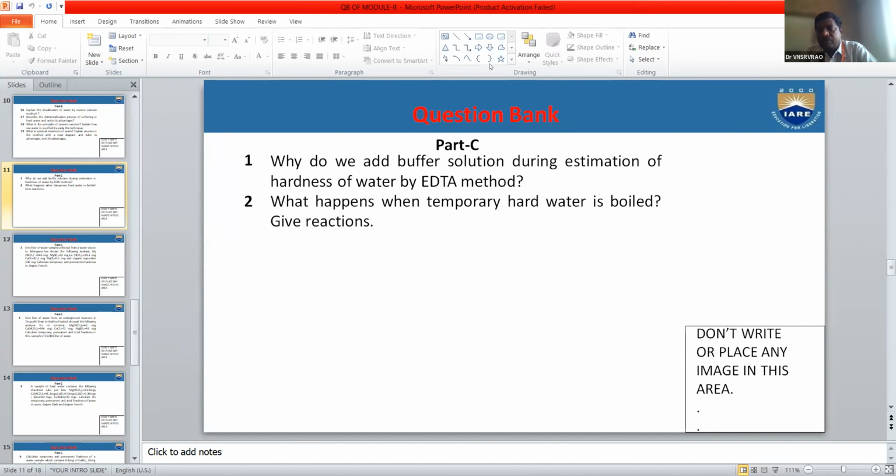Finally, the resultant water is used for domestic and industrial purposes. For example, magnesium bicarbonate on heating gives a magnesium hydroxide precipitate. This precipitate is also removed by filtration. Okay ma? So this is what happens when temporary hard water is boiled, and the resultant precipitates are removed by the filtration process.